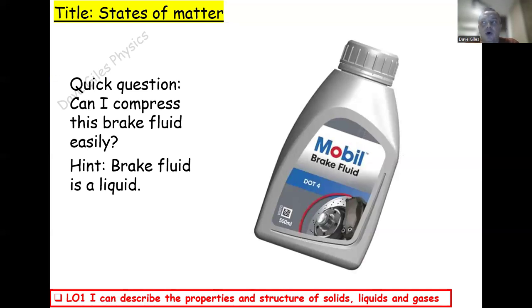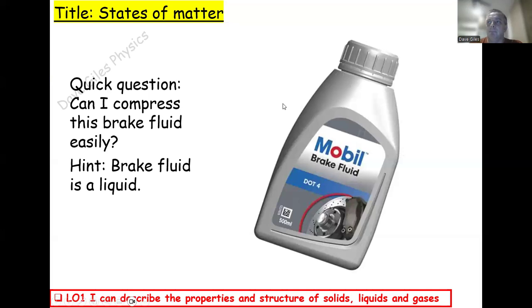Well, the brake fluid is inside brake pipes in your car. And when your foot presses down the brake pedal, it then presses the brake pads and the brake discs together in the car. If it could be compressed, then when you press down, it wouldn't automatically transfer to the brake pads and brake discs, and your car wouldn't stop. It could be a little bit of a disaster.